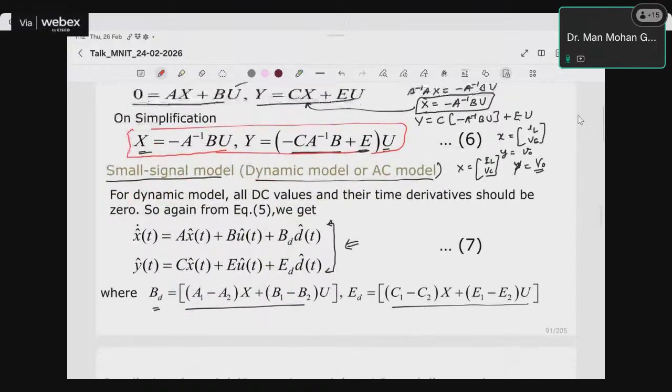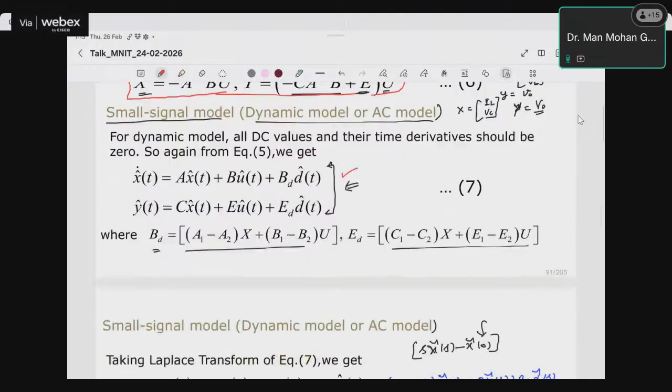Then we can obtain the small signal model or dynamic model or AC model for the converter using this equation, and this is the time domain model, and it is a first order linearized model itself. So if we know any control methods which can be applied to this linearized state space model of the converter, then we can use it directly.